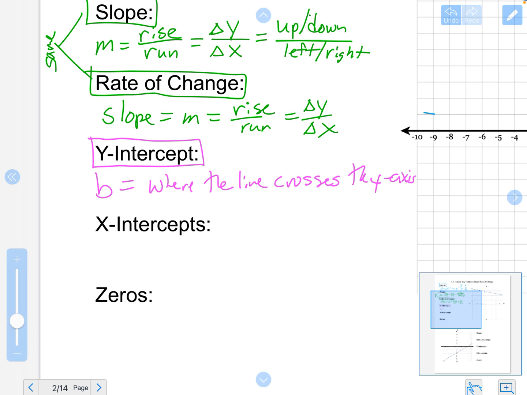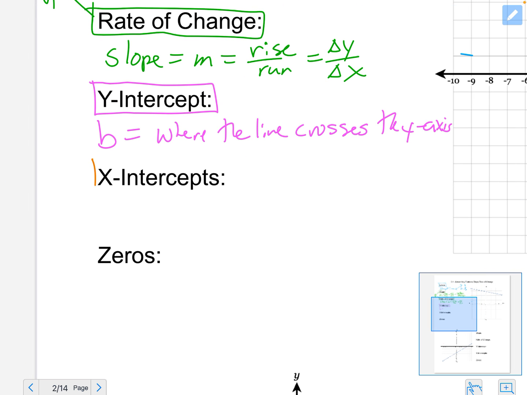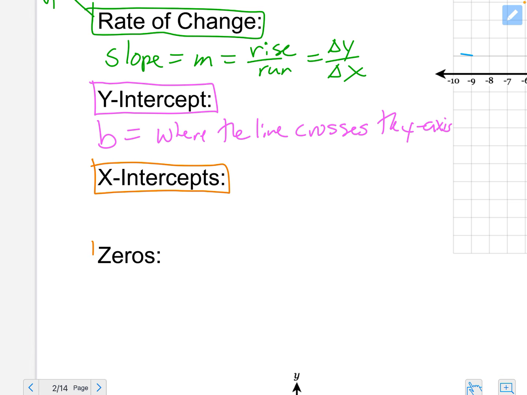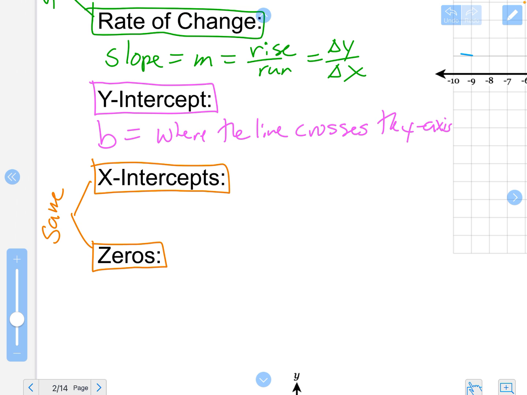And so the last two things we're going to talk about are x-intercepts and zeros. And x-intercepts and zeros, just like slope and rate of change, are the same thing. These aren't something we talk a whole lot about with linear lines, but these are terms that we'll use when we get to quadratics later on in the year. But you'll occasionally see people talk about x-intercepts or zeros with linear lines.